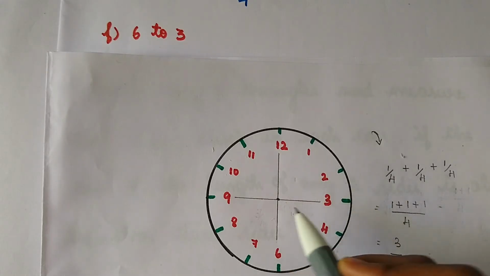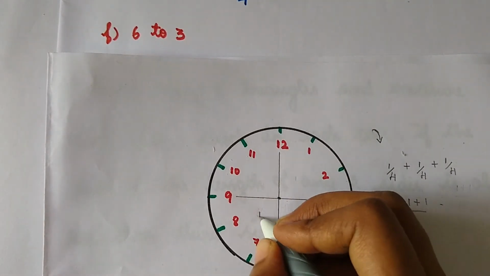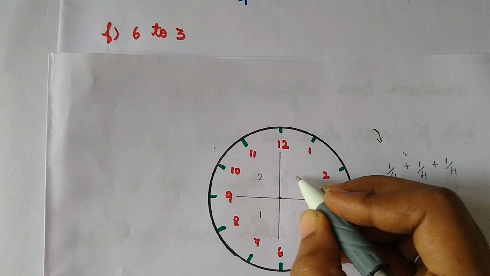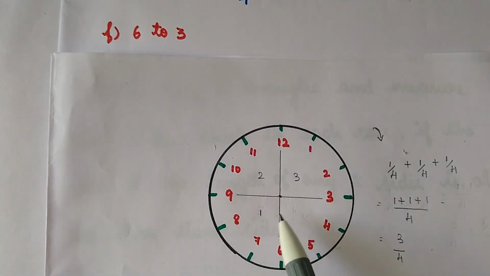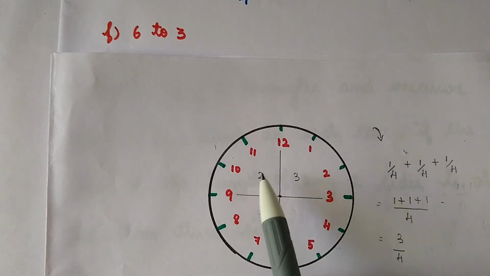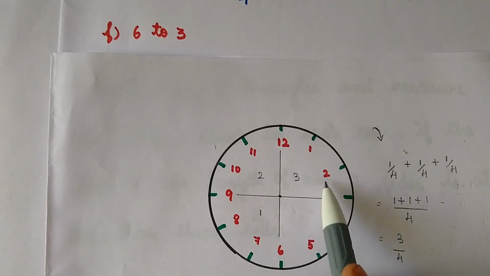So we start from 6 to 3: 1, 2, 3. This is one right angle, this is one more right angle, this is also one more right angle. So here 3 right angles were covered.